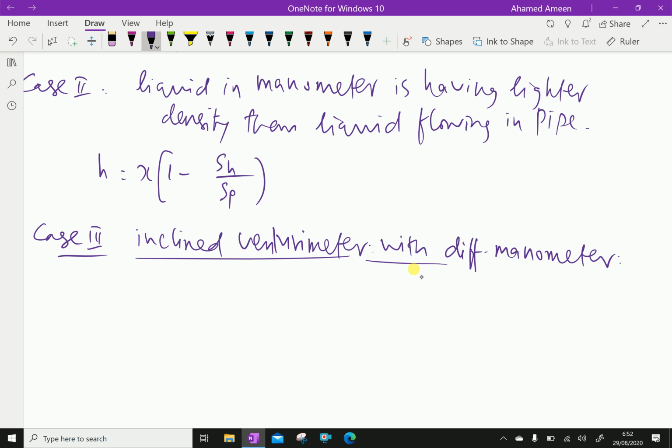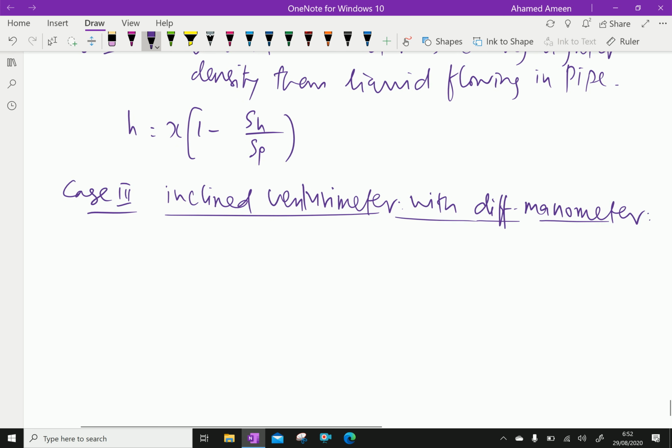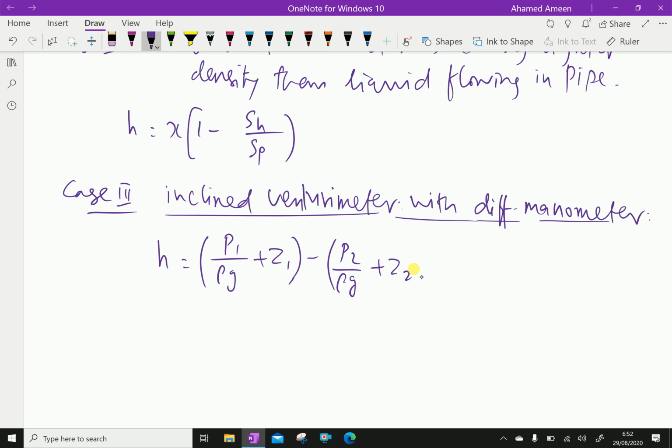That means the inclined Venturimeter is fixed with a differential manometer. For this condition, H is expressed as P1 by rho g plus Z1, because here the datum is changing due to the inclination, minus P2 by rho g plus Z2, equals X into SH over SP minus 1.